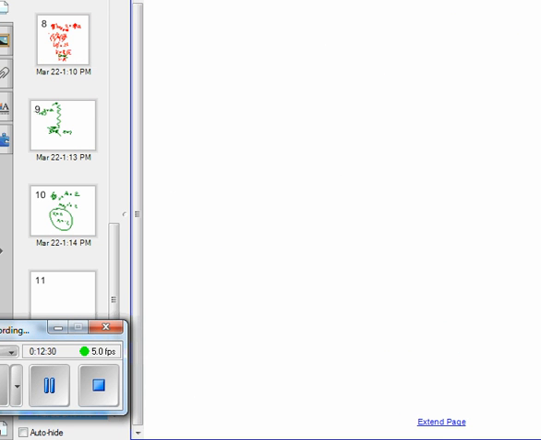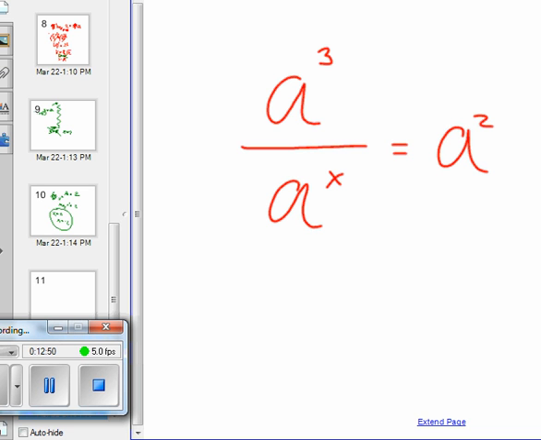So now, exponentials have a lot of problems like this. Let's make it a to the 3rd over a to the x is equal to a to the 2nd to the 3rd.